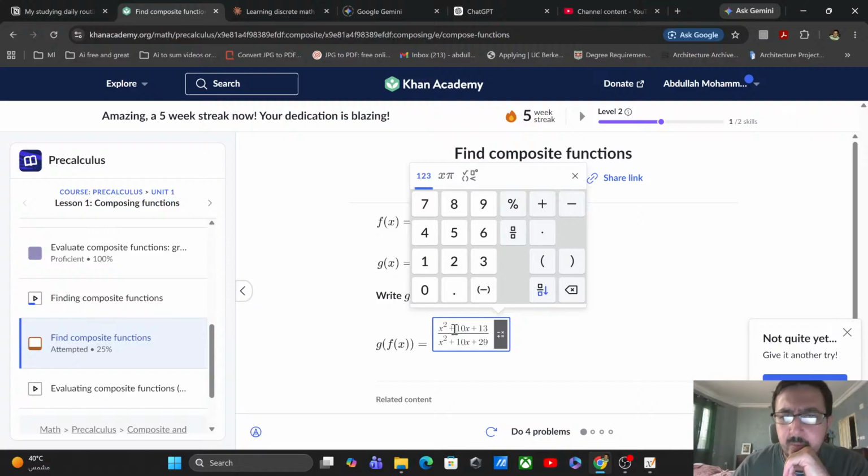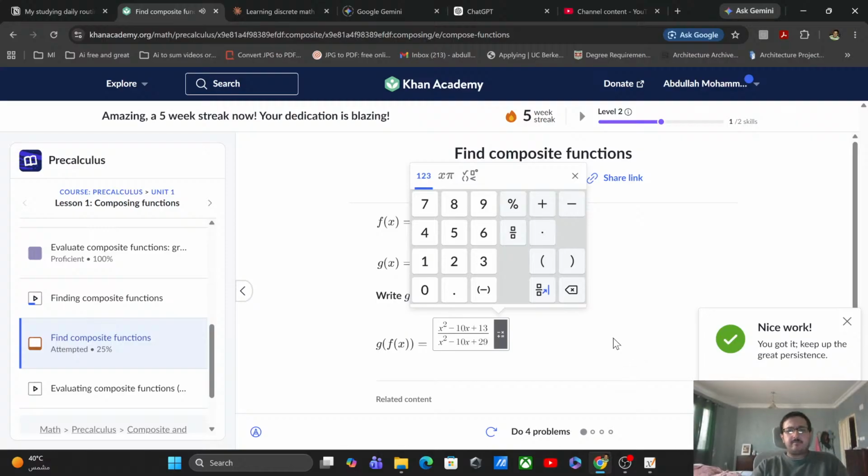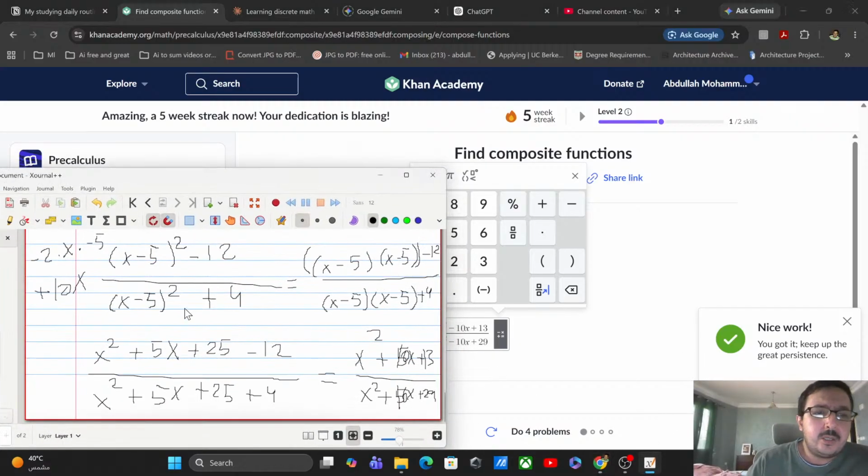Where did I go wrong? Minus? I don't think so. So are you saying that I should not consider the minus? Wait. Let me try this.